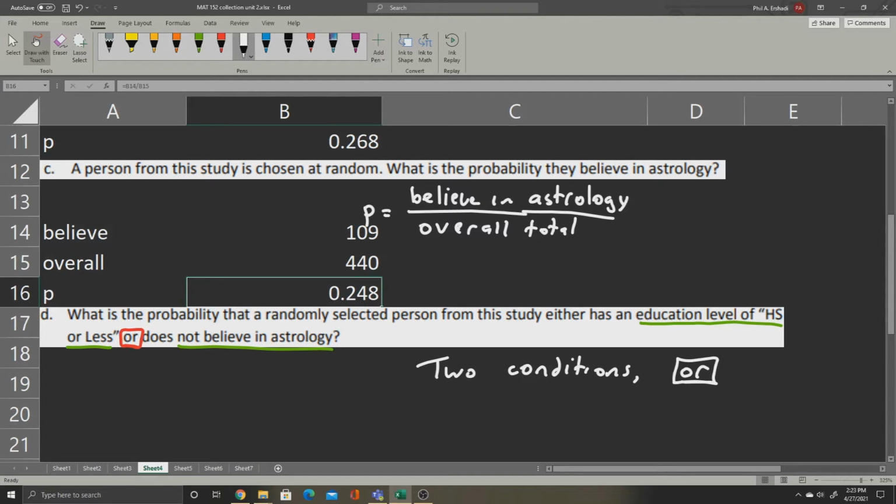Now, when we have two conditions, we have three steps we have to do. The first step is to find the probability of the first condition. Second is to find the probability of the second condition.